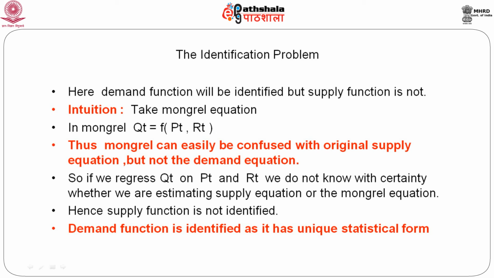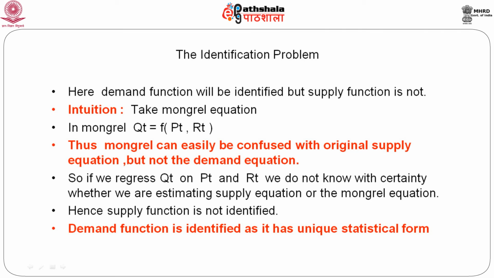If we take the mongrel equation, taking a linear combination of both the demand equation and the supply equation, you get quantity expressed as a function of price and rainfall. Thus, the mongrel equation can easily be confused with the original supply equation, but not with the demand equation.